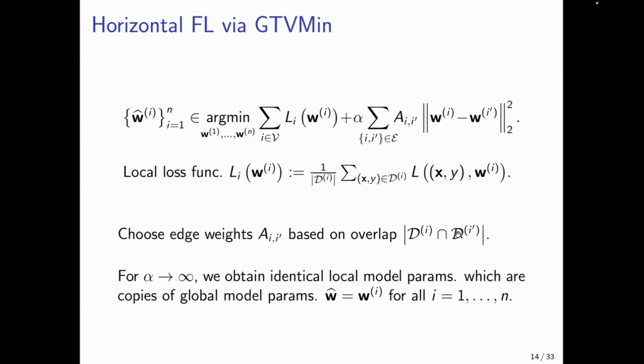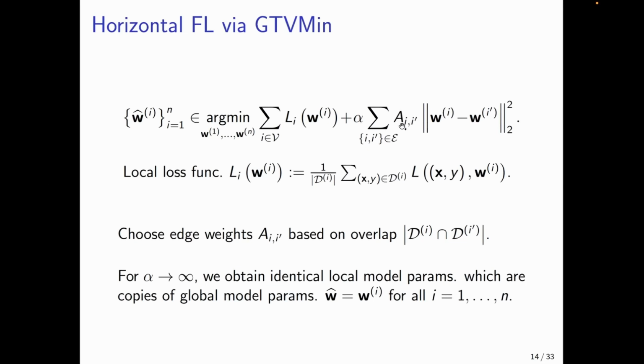Very good point. Yeah, it's important to not overlook this privacy leakage that doesn't occur in the actual federated learning algorithm, which is, for example, a distributed optimization method solving this GTVMin, but already at the step where you construct this optimization problem, where you construct the edge weights.